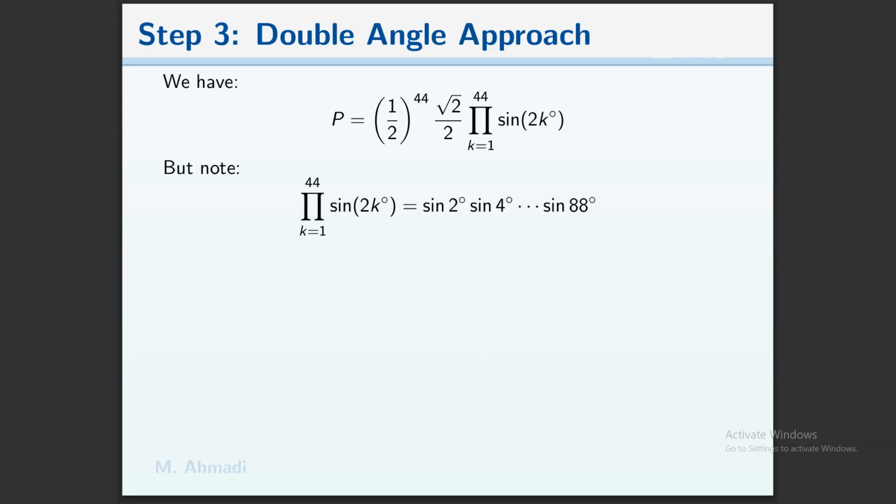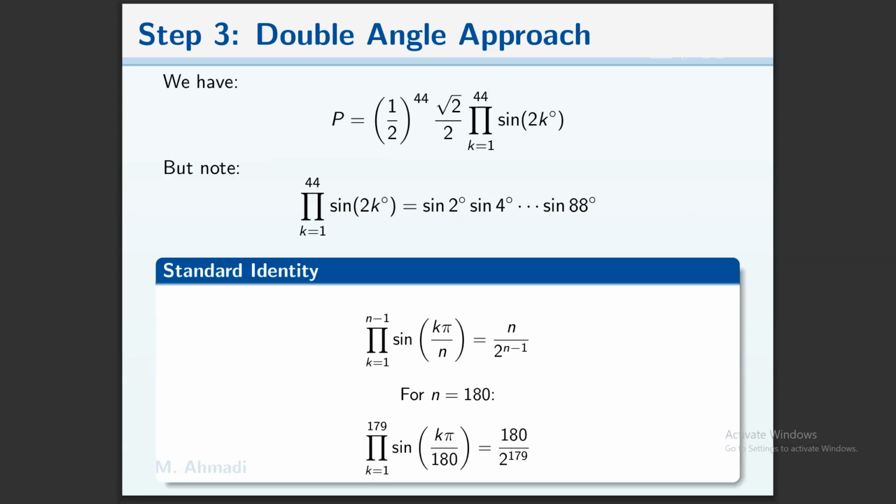So we have P equal to 1 divided by 2 to the power 44, multiplied by the square root of 2 divided by 2, times the product of sine 2k from k equals 1 to 44. But we should note that the product of sine 2k from 1 to 44 is equal to sine 2 multiplied by sine 4, and so on, multiplied by sine 88.